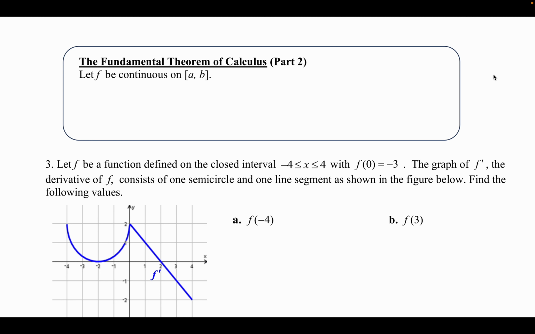So what the fundamental theorem of calculus part 2 says: let f be continuous on the closed interval a to b. If we take the integral from a to b of f prime of x dx, so if we have the derivative function and we take the integral from a to b, that is equal to f of b minus f of a.